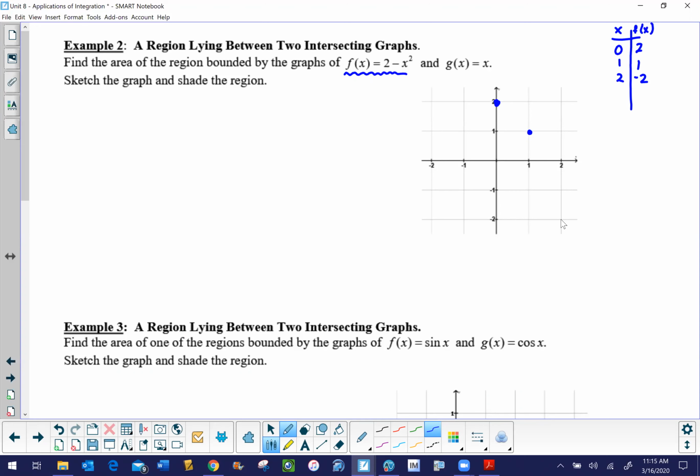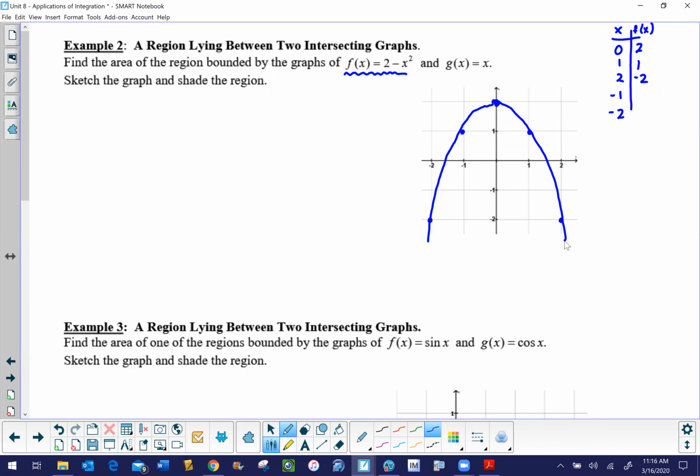But I can graph probably negative 1 and negative 2 as my x values as well. And we see the nice symmetry produced by this parabola that has a vertex up here at 0, 2. So if I connect all these points, it's going to look something like this.